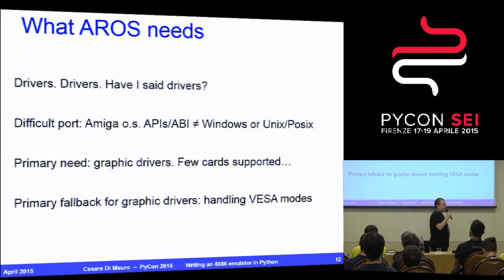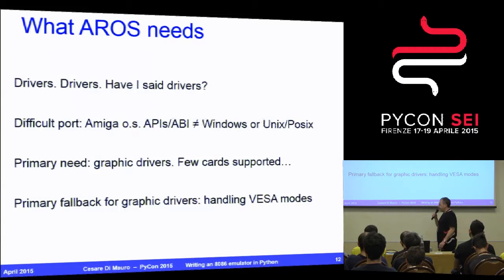What AROS needs, but working with a hobby OS is something which has a lot of problems. The main thing is basically the lack of drivers. If you have a new OS, it means that you have no drivers at all, and you will have to create them.